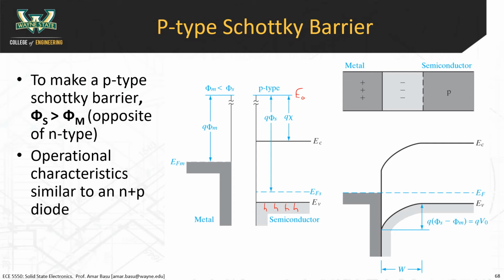So the holes would go this way. All right. So as the holes go over to the other side, that brings up the Fermi level on the right side of the diagram to a point where now the Fermi level is lined up.